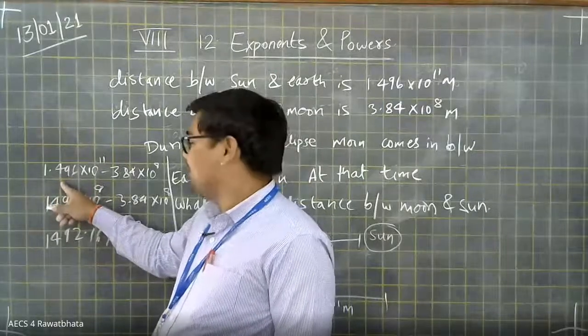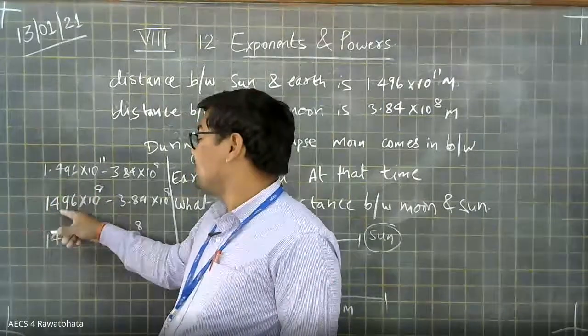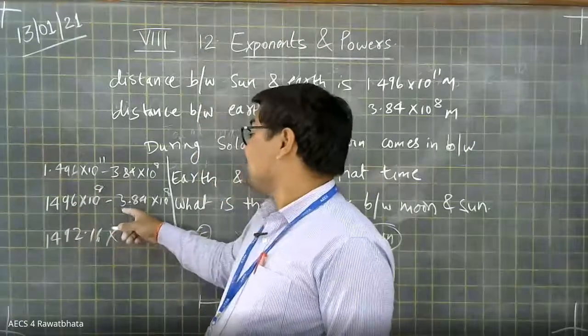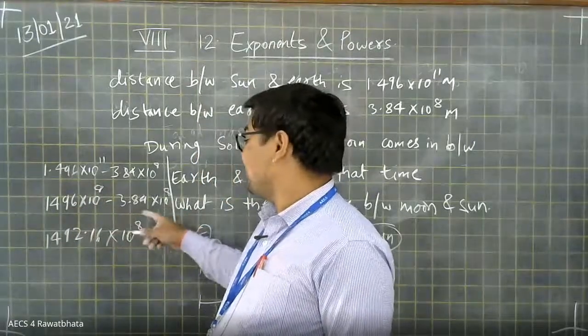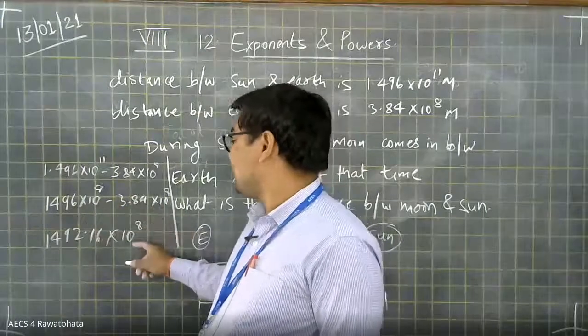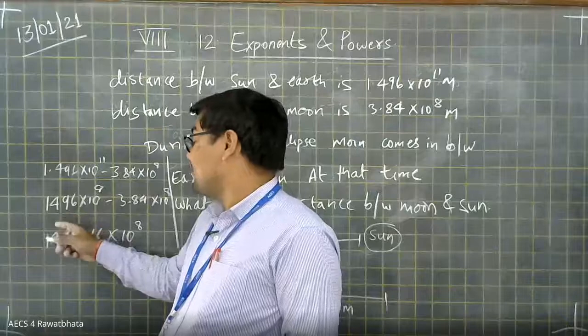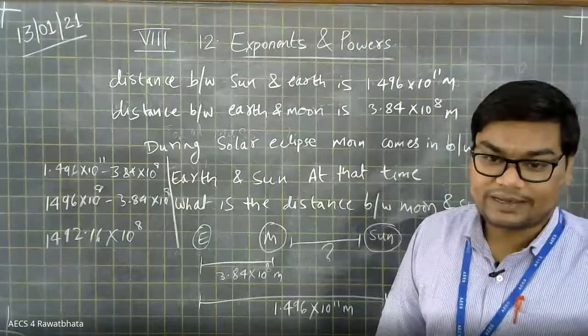It becomes 1496 into 10 to the power 8, and this is 3.84 into 10 power 8. We can take 10 power 8 common and subtract 3.84 from 1496. It becomes 1492.16 into 10 to the power 8.